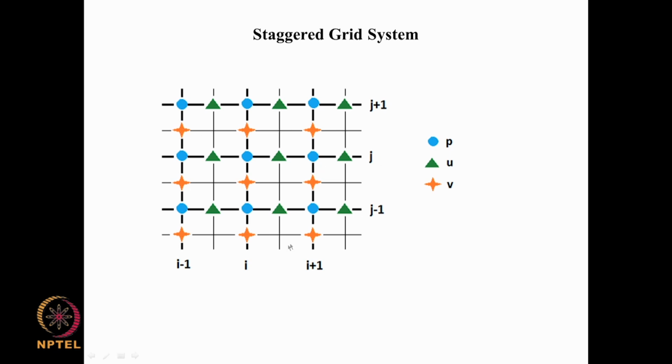So, in this staggered grid pressure is evaluated at the intersection of i comma j, and u is evaluated at i plus half comma j, and v is evaluated at i comma j plus half, and these are spread throughout the domain.